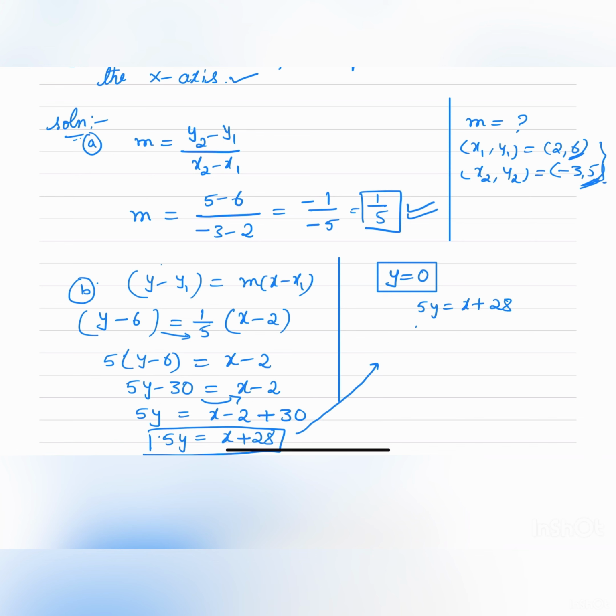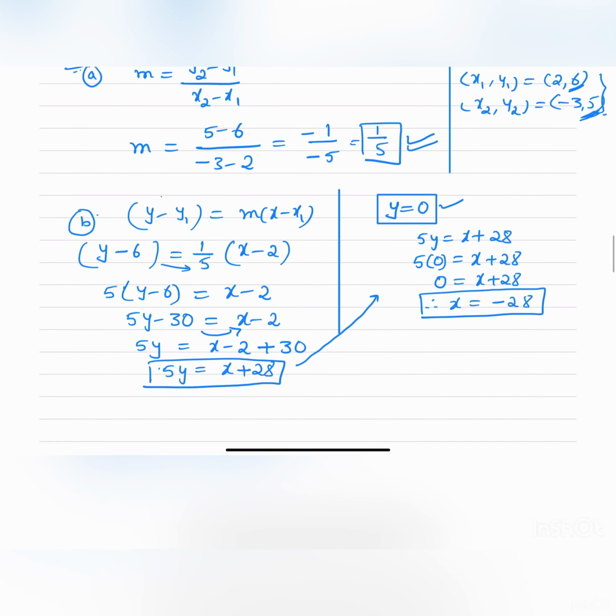In this case, 5 into 0, because y is 0, equals x plus 28. Now this is 0 is equal to x plus 28. Therefore, x is equal to minus 28. And we have to find the coordinates. So the point xy is x is minus 28 and y is 0. This is the answer.